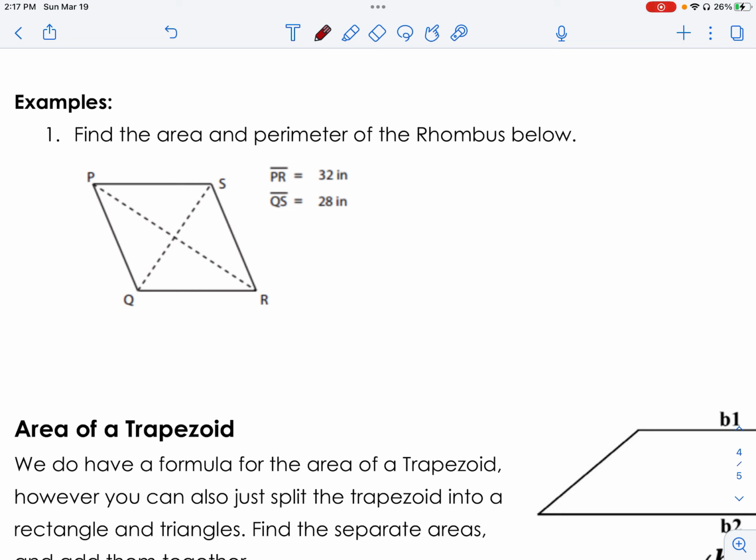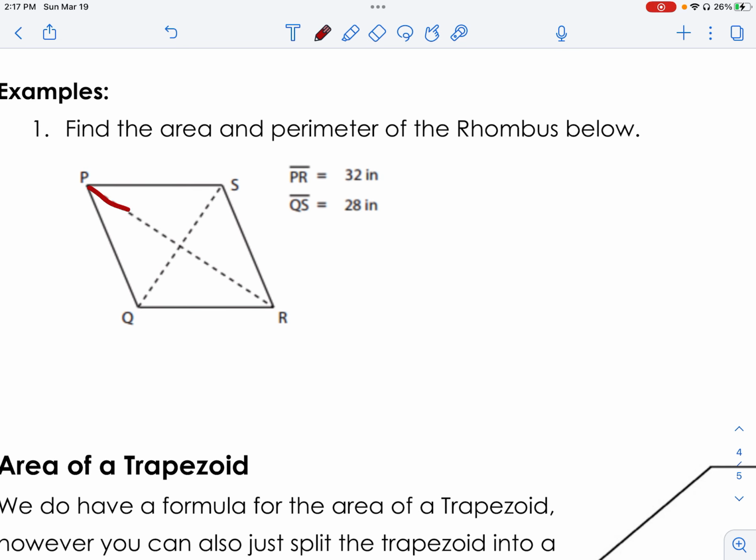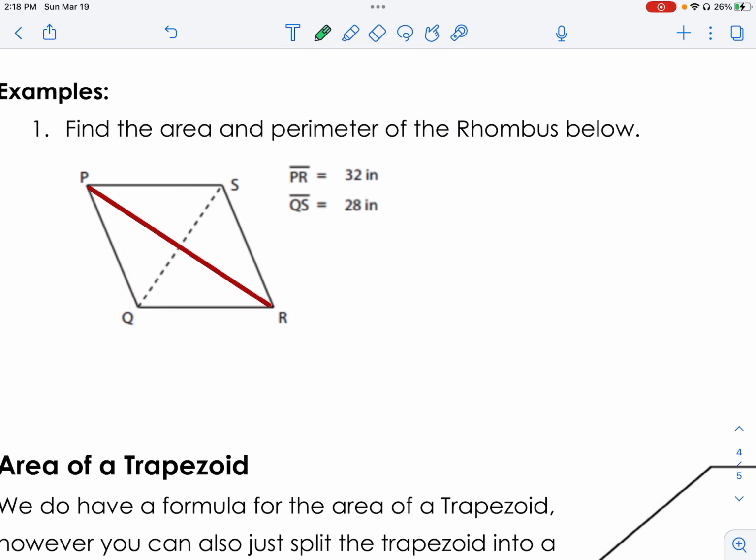So we're given that PR, I'll put this in red, is 32. And then green, because today is Sunday, that's why I chose green, that's what QS becomes.